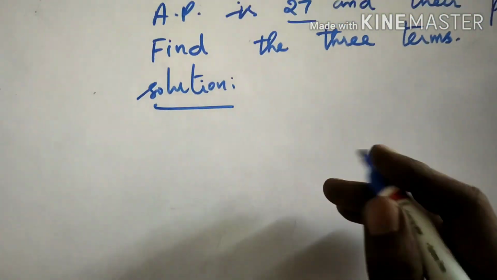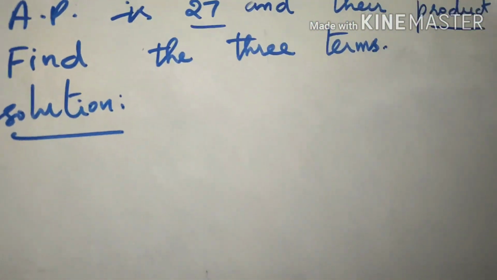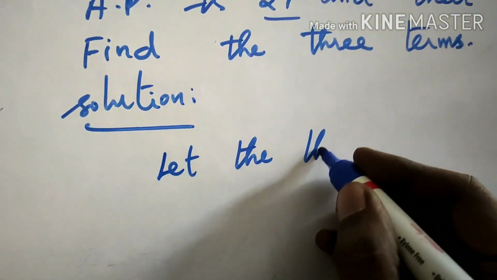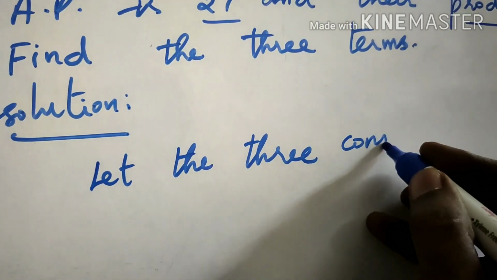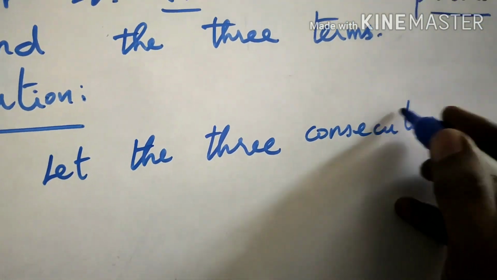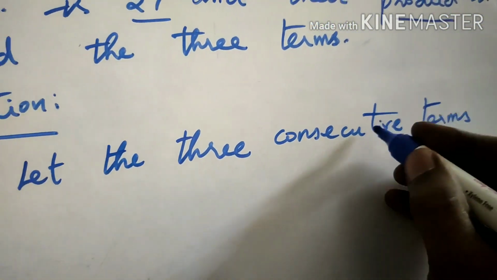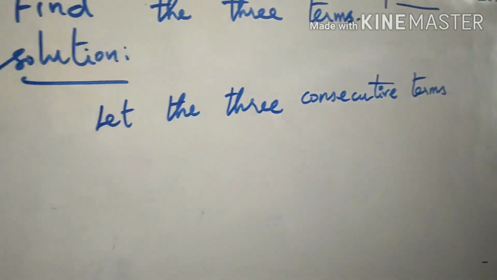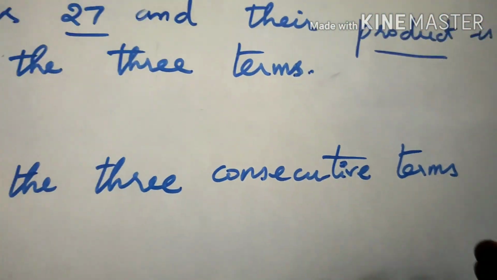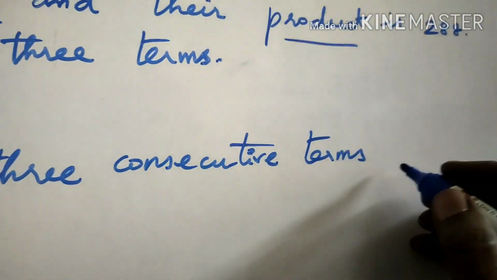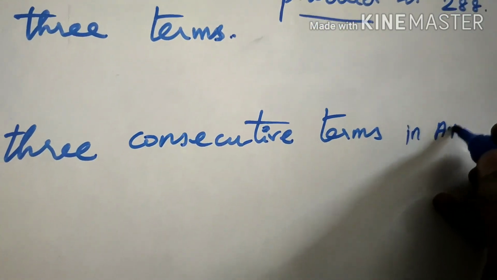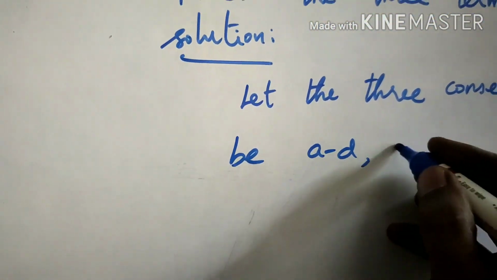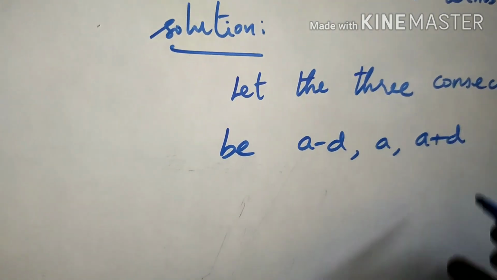Last week I told you that the 3 consecutive terms, consecutive means the very next 3 terms, continuous. So let the 3 consecutive terms in AP be A minus D, A, A plus D.